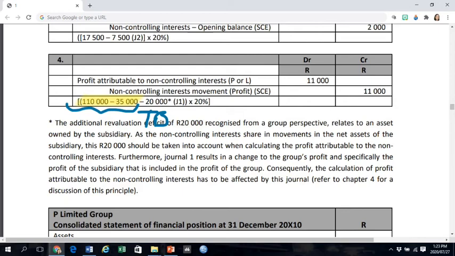Consequently, the calculation of profit attributable to NCI has to be affected by this journal. Please refer back to the principles from Chapter 4. After the trial balance profit has now been changed with the effect of this consolidation journal entry for 20,000 Rand, can you attribute a portion of that to my non-controlling interests?